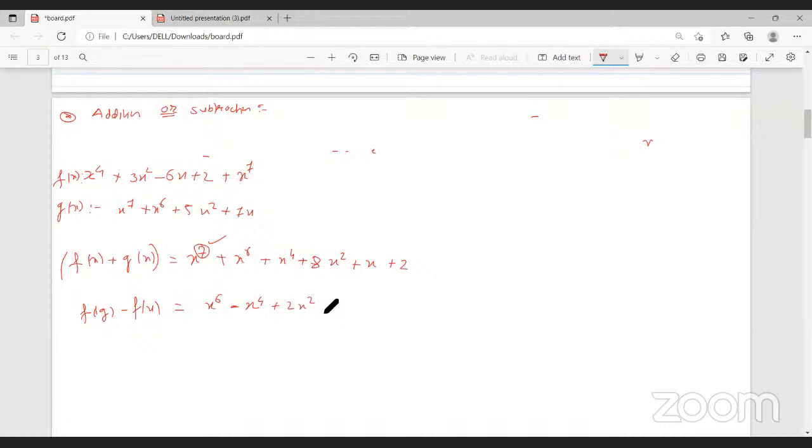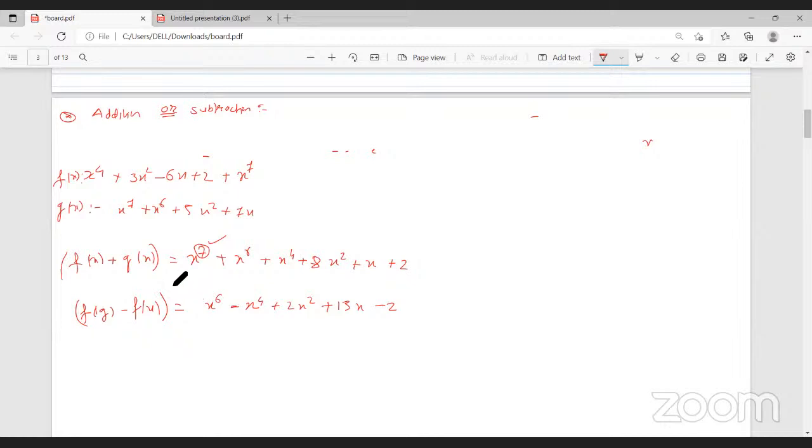Sir, but the plus sign, that will be minus before x to the power 6? No, we are subtracting g of x from f of x, right? Then I think it is the opposite, minus 2. Okay, sir, and minus 2. So the degree of this is x to the power 6, meaning 6, sir.